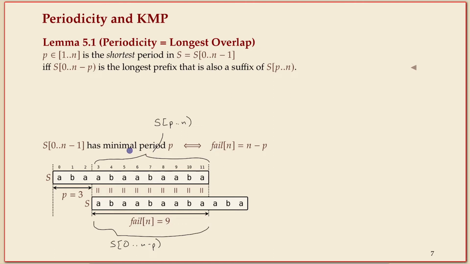So in short, the statement here is, if a string has a minimal period p, then you can get this p from the last entry in the failure function. It's the failure link of the last state in the automaton. Just because if you had matched the entire pattern and you now find something you want to continue, you have to shift this over exactly as much as the period is.